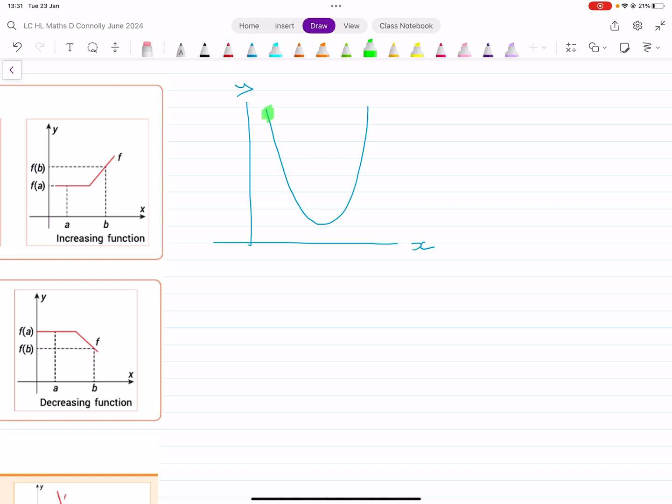So for this bit of it, the function is decreasing, as in it's literally going down. If you draw a tangent at any point along that green bit, so if you were to draw a tangent here, for example, that's terrible, but you know what I mean?